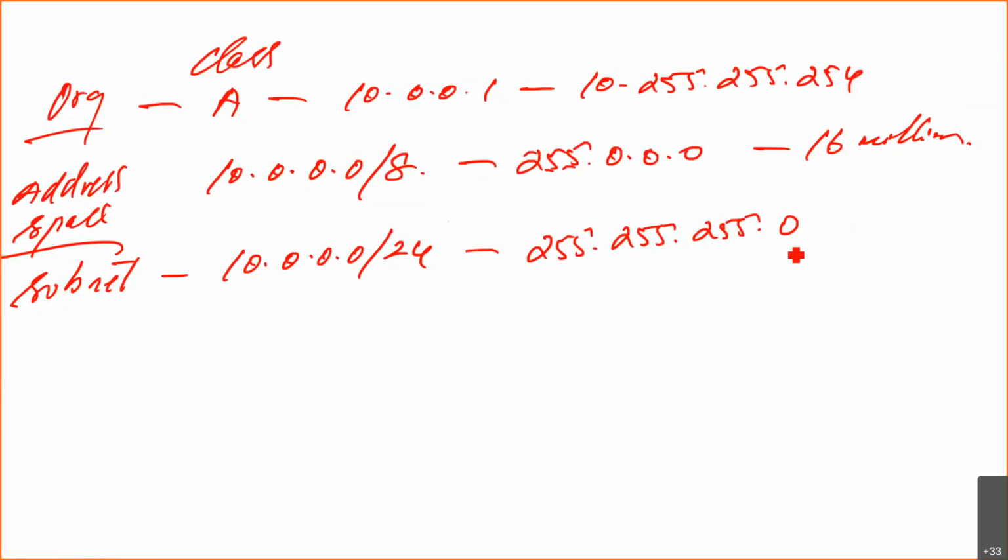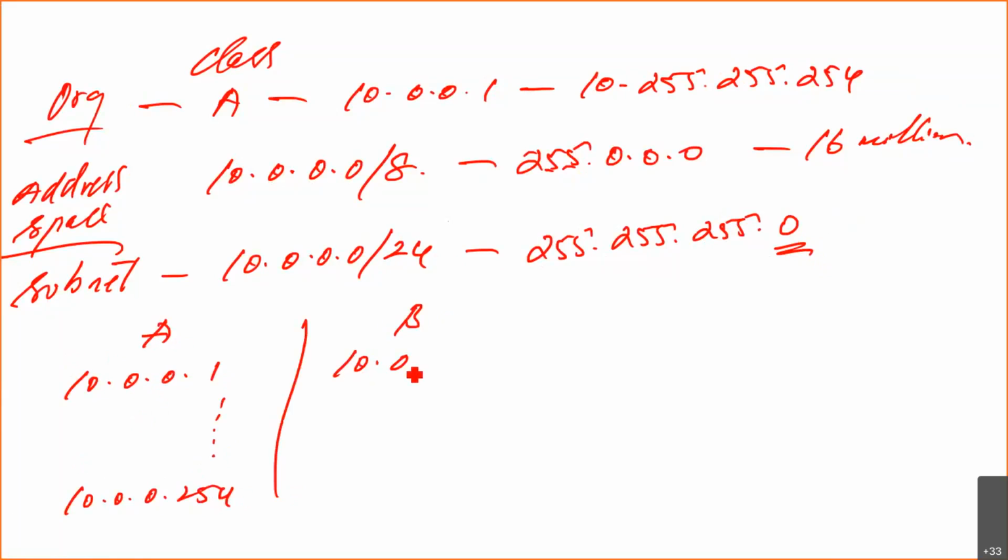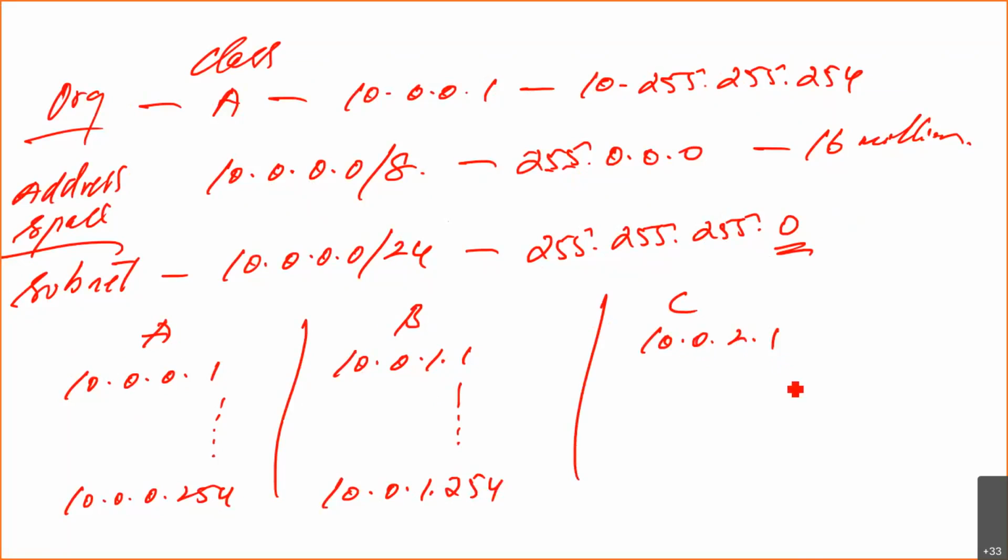So in every network I will get 254 usable addresses. Department A's range will start from 10.0.0.1 up to 10.0.0.254. Department B users can use 10.0.1.1 to 10.0.1.254. Department C users can use 10.0.2.1 to 10.0.2.254, and so on.